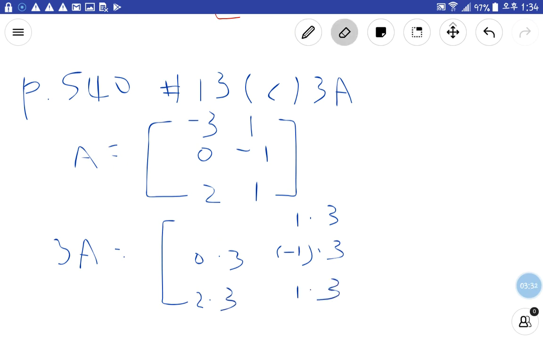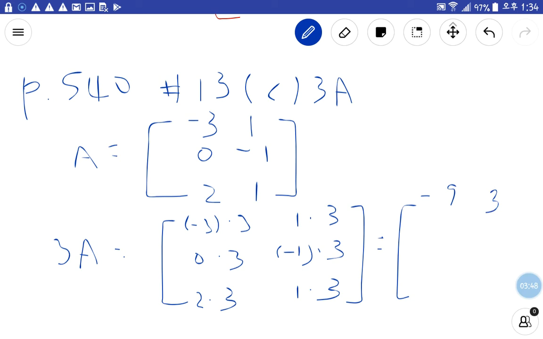You can put -3 first and times 3. The order doesn't really matter anyway; your answer is going to be the same. Now -3 times 3 becomes -9. 1 times 3 is 3. 0 times 3 is still 0. -1 times 3 is -3. 2 times 3 is 6. 1 times 3 is 3. Okay?